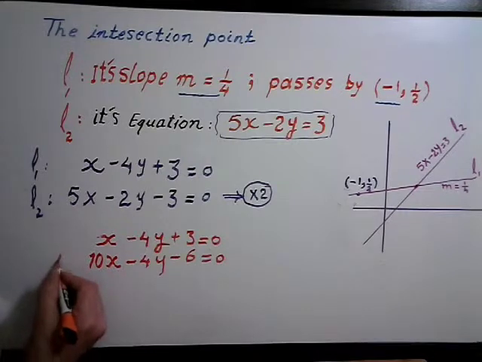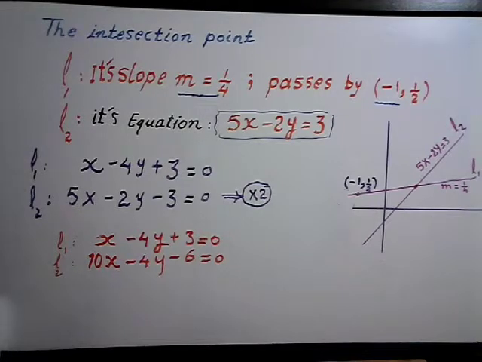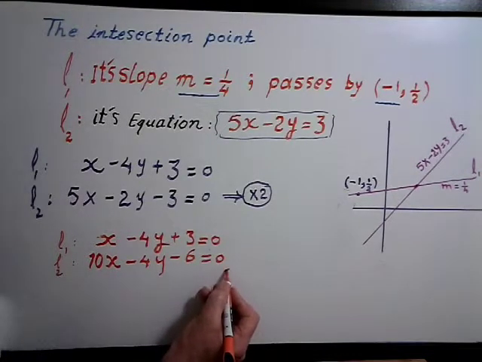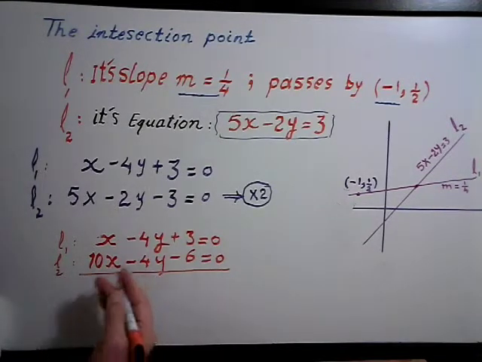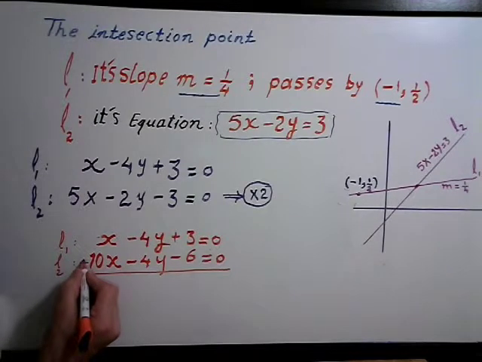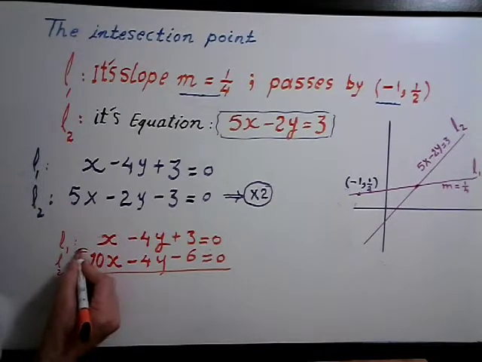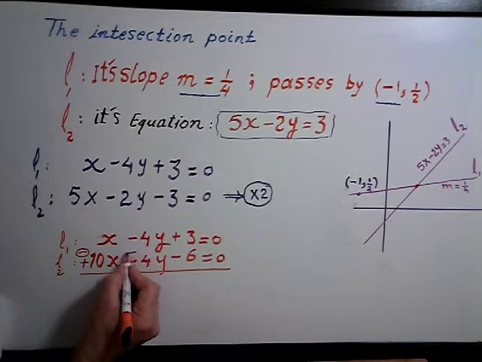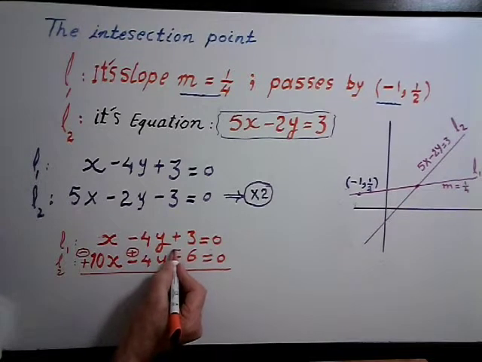Instead of making this subtraction, you can just change the signs of the equation you want to subtract. When you change all the signs of the terms in this equation, then instead of making subtraction, you can add the two equations together. That means the same as the subtraction.